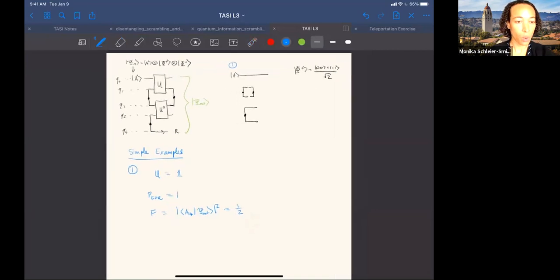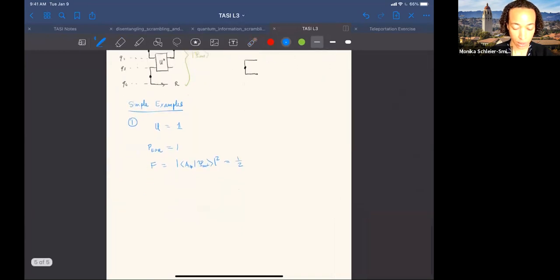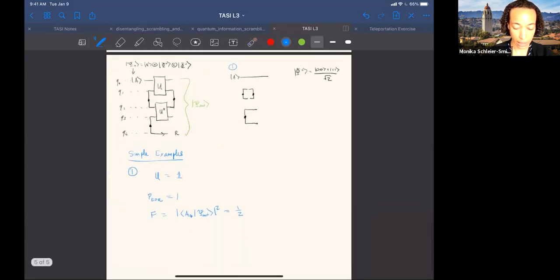Now let me try to walk through one more example. I was hoping to let you do this, but I'm not quite sure about the time. Okay, so for the second example, I'll switch to a place where I have the circuit sketched out.